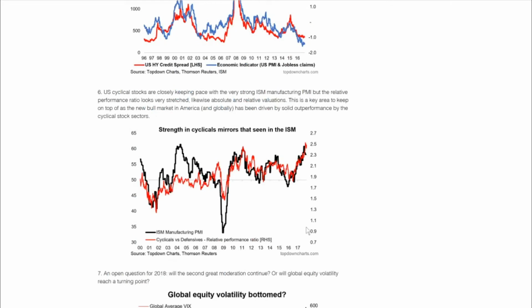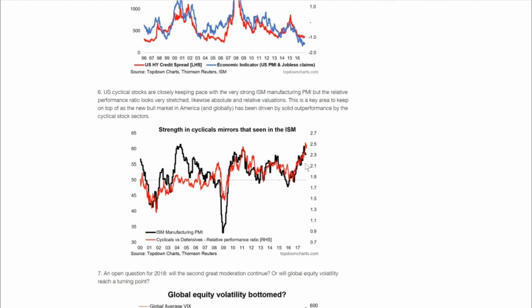Number 6, this one shows another kind of similar one, looking at the relative performance of cyclical sectors versus defensive sectors of the US equity market, and that's in the red line there. You can see that there's been really astonishing outperformance there. And you can see that that's actually, quite interestingly enough, lining up with the manufacturing PMI.